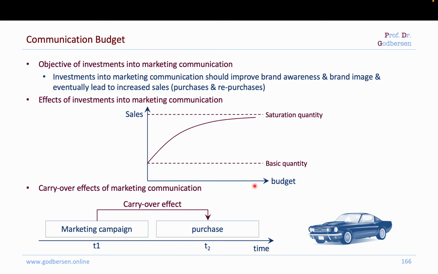In this figure, you find on the x-axis the communication budget, and the sales on the y-axis. You normally have a basic quantity that you can sell anyway, even without any investments into advertising. And then the more you invest in advertising, the more your sales go up.